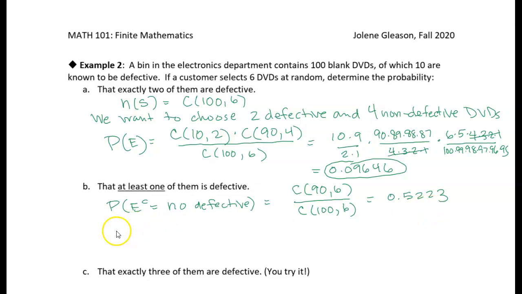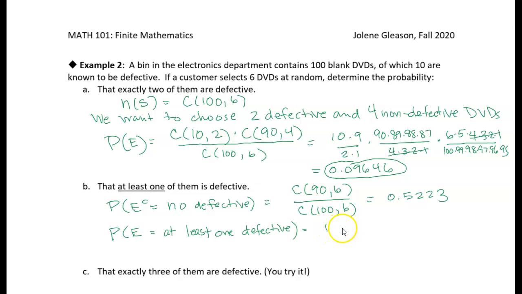Okay, so then what's the probability of the event that we do want, which is at least one defective? Okay, so we know there's a 100% chance that something's going to happen, right? You're either going to get no defective DVDs or you're going to get at least 1 defective DVD.